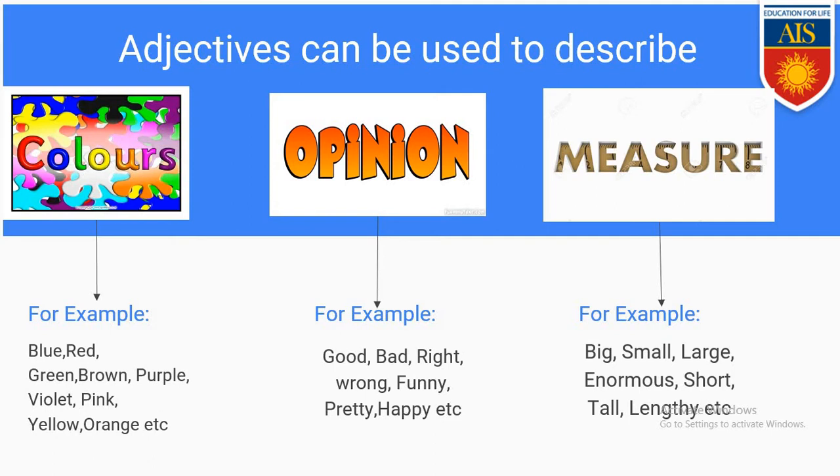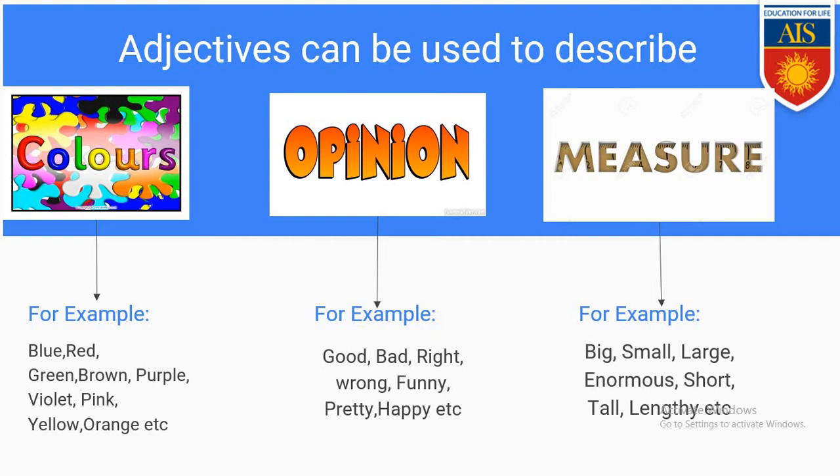What are the color related adjectives? You can see on the screen: blue, red, green, brown, purple, violet, pink, yellow, orange. All these colors are adjectives. Now, opinion. What is one person's opinion about the noun? Is the noun good or bad, right or wrong, funny or pretty?